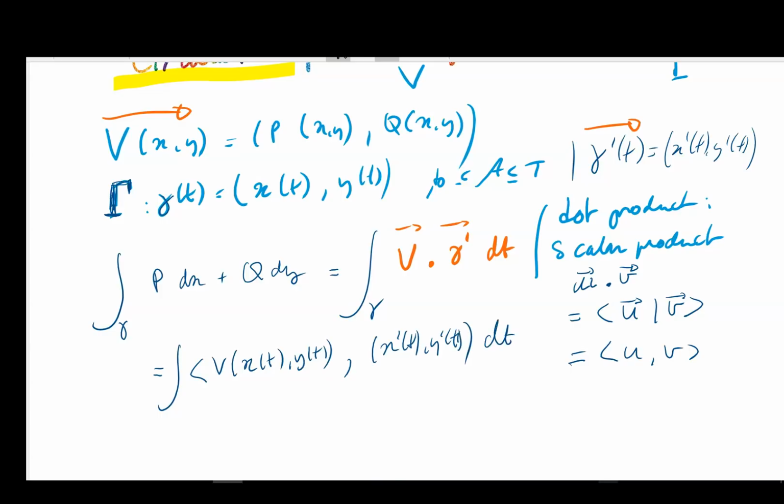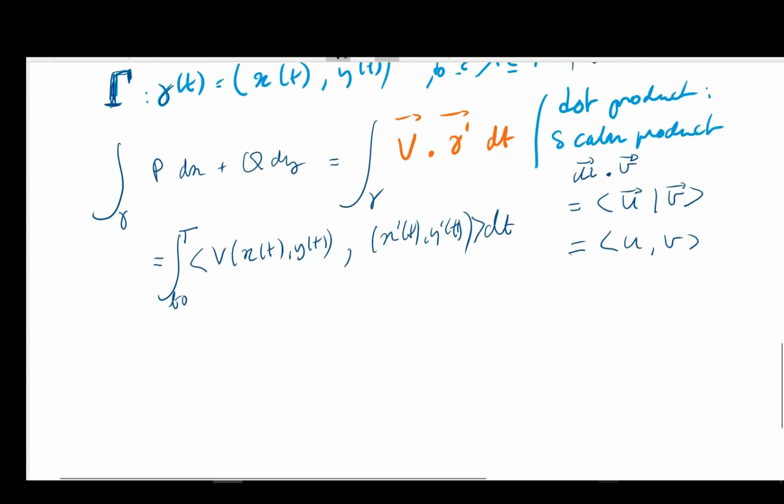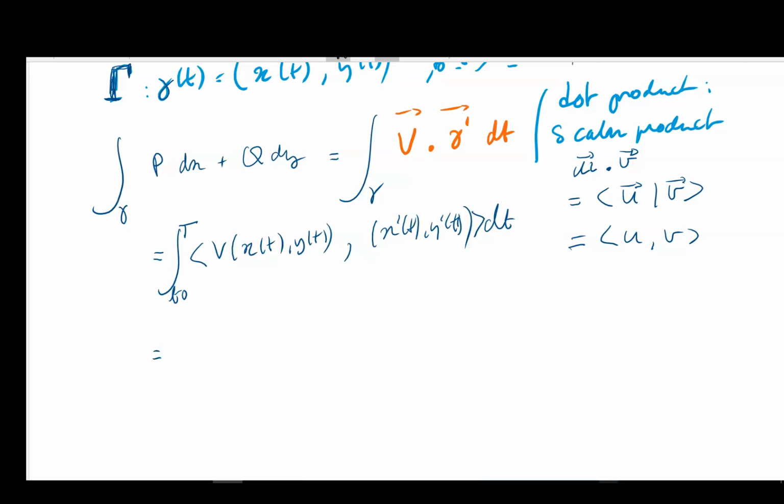Okay, infinitesimal term dt, and then my integration is going to be from t0 to the capital T that denotes the end of the curve. So, and if we just expand that, the first component of V is P, the second component of V is Q, so that we have the integral between t0 and capital T, P of x of t, y of t, times x prime of t.